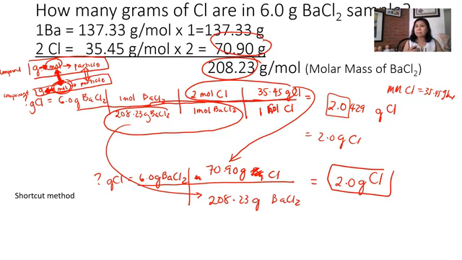You can always use the mass ratio, because the mass of your component is always going to be the same. The mass of 2 chlorine atoms is always going to be 70.9. You didn't change the mass. You didn't change the mole ratio. It's always 1:2. So that means the mass shouldn't change either. It's always going to be 137:70 grams. Okay, so let's do some exercises so that you can figure it out and basically master this.